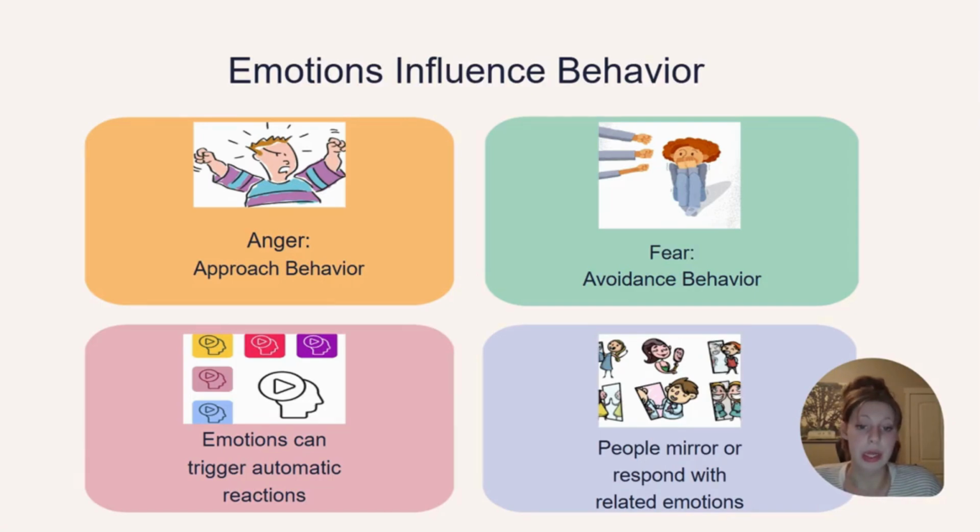Also, it is important to realize that people mirror or respond with related emotions. So if someone has an emotion of fear, oftentimes people around them will also become fearful. Or if someone has an emotion of happiness, oftentimes people around them will become very happy and share that enthusiasm with each other.